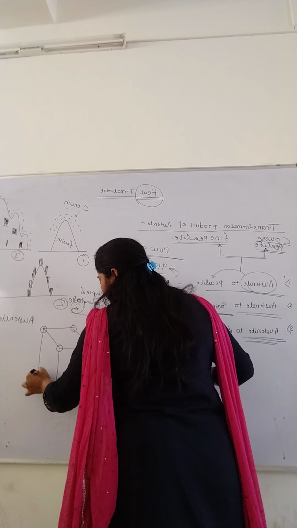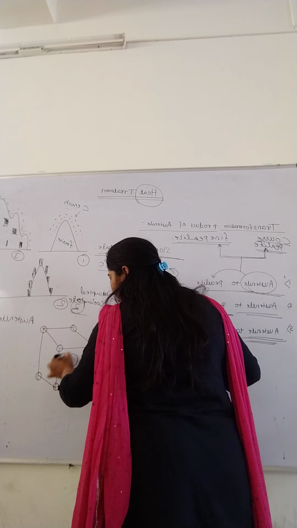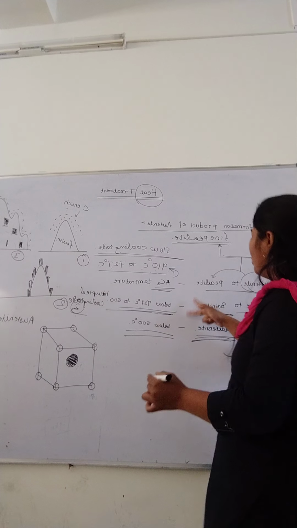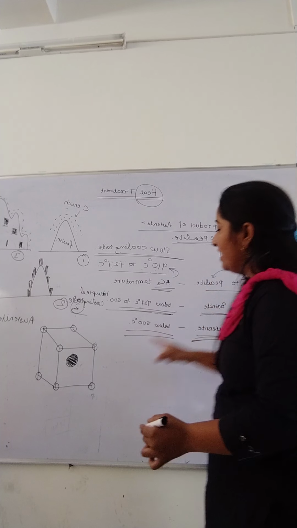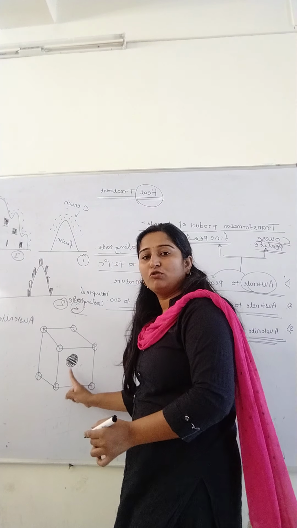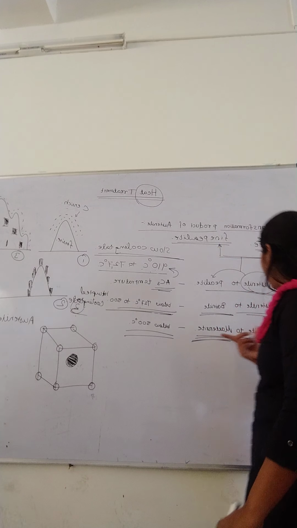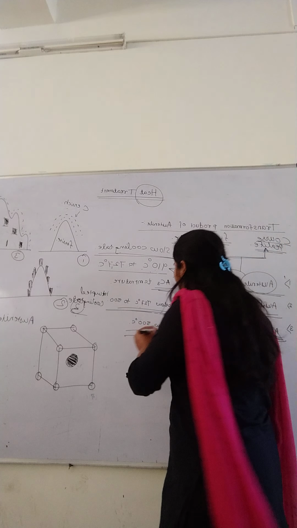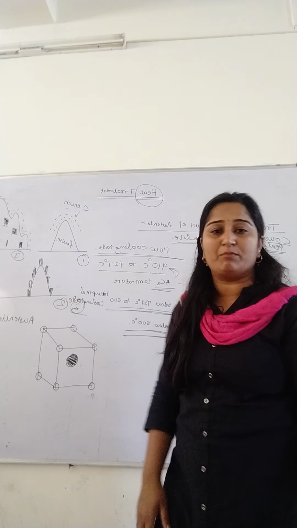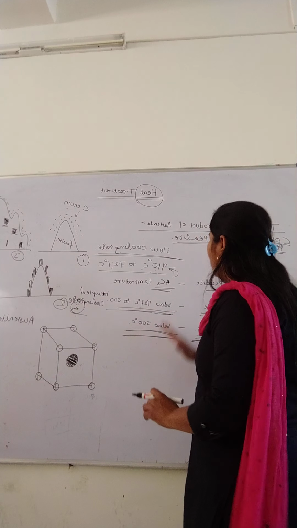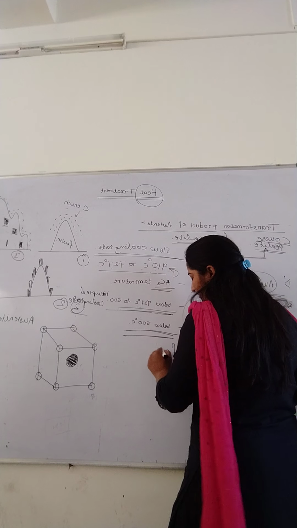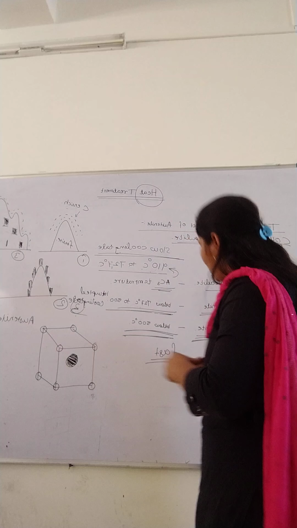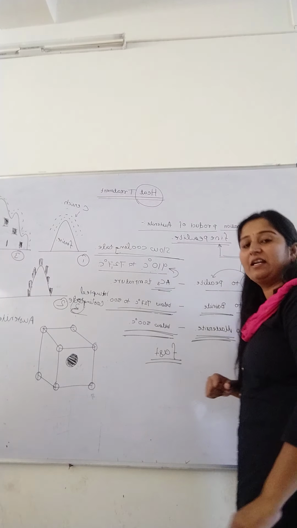The carbon which diffuses in the previous two transformations, pearlite and bainite, is entrapped here. This type of transformation is called the austenite to martensite transformation. It happens below 500 degrees Celsius. And what is the cooling rate for it? The cooling rate is very fast. Very fast means quenching is required to get the martensitic transformation.